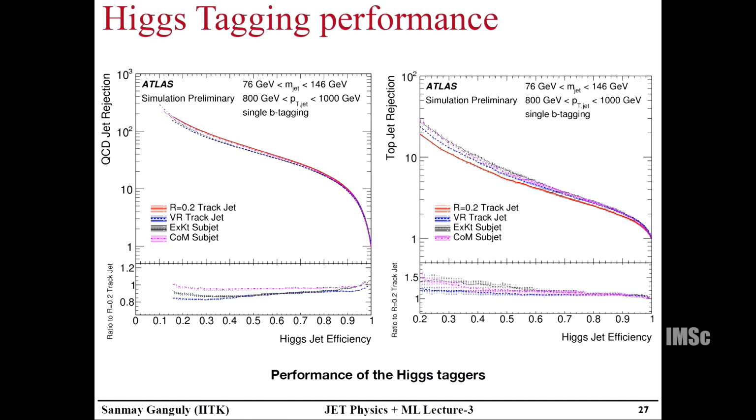It's 76 to 146, so Z is 91, right. That's why here it's only Higgs versus QCD jet rejection and top jet rejection, but there is another plot for electroweak rejection. Okay, thank you.